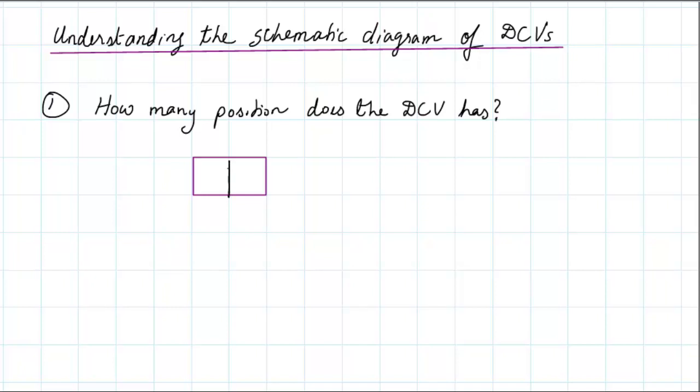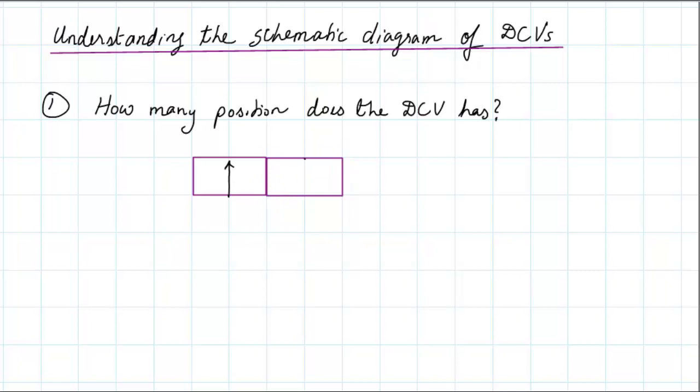It means that here from one port to the next port the fluid is flowing. Okay, so you can see that there are only two ports here. Now there might be another position of the DCV in which the fluid is not at all flowing. That means it is totally stopped.